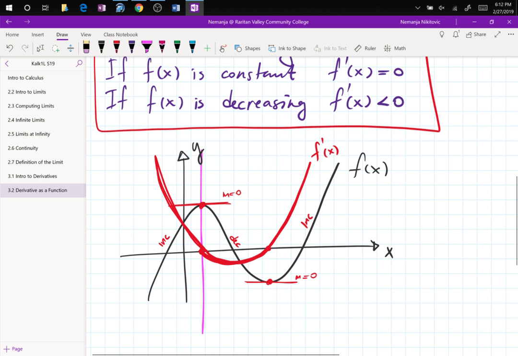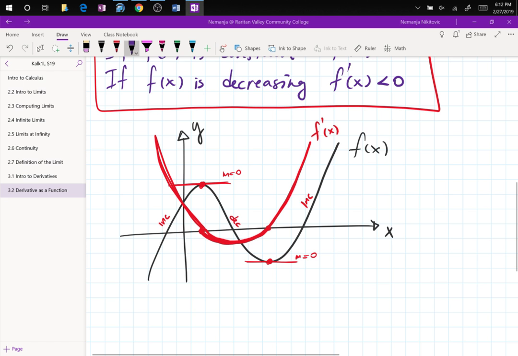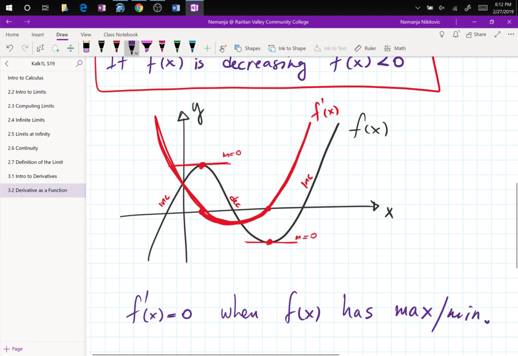And now we can get rid of these guidelines. And now we also learned one more point that we add to our thing here. And that point is that f prime of x equals 0 when f of x has max slash min.